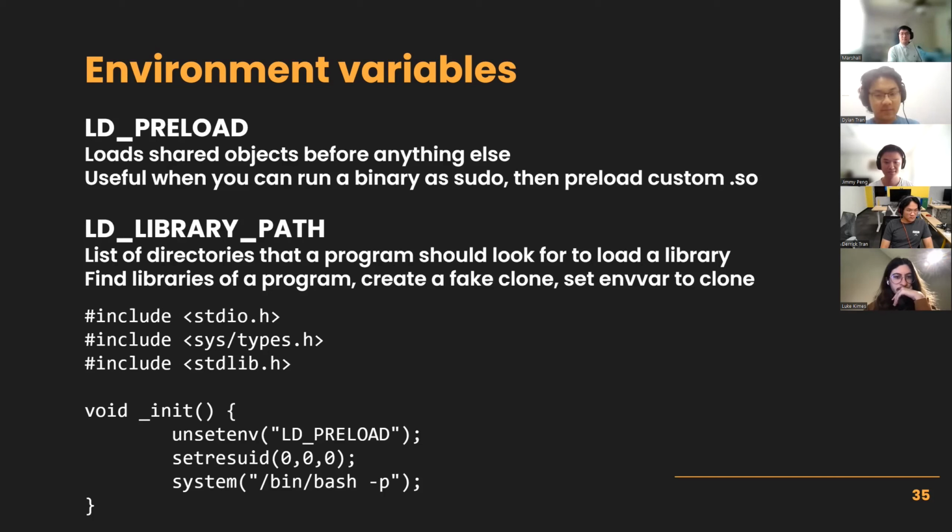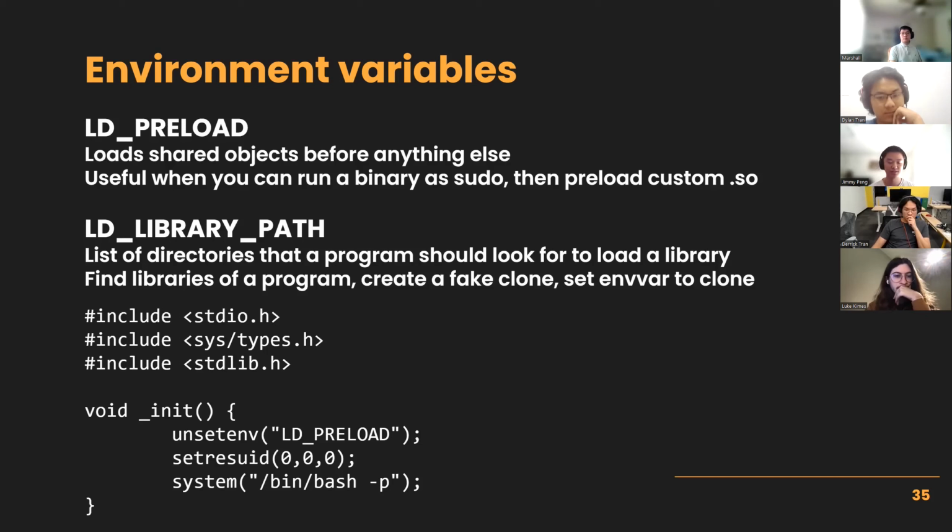To exploit this, if you're able to run a script with sudo privileges, you could preload these custom shared object files that you write to overwrite the functionality without actually having to change the first script itself. And then LD_LIBRARY_PATH is kind of like the path variable, which is directories separated by a colon, and it sorts through these to see where the shared object files should be loaded.